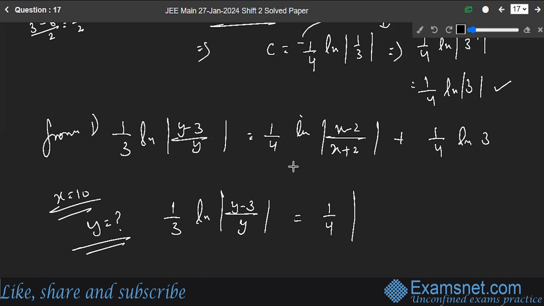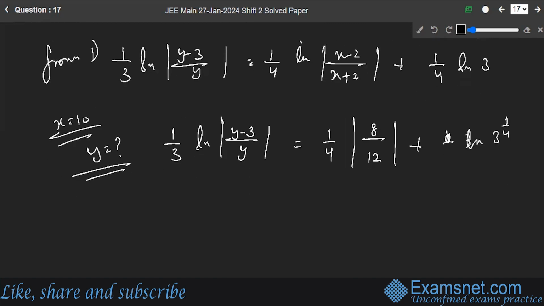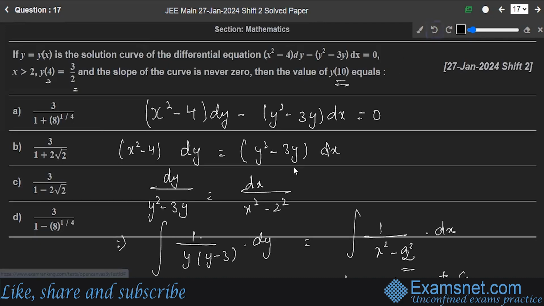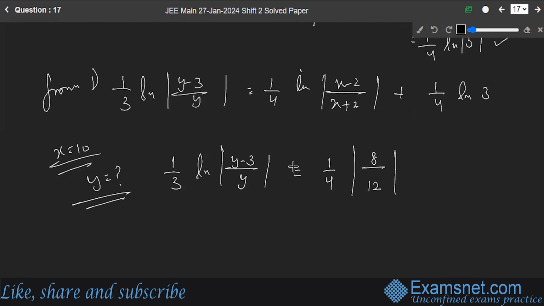Now, if I put x is equal to 10, this will be 8 upon 12 plus, this can be seen as 3, log 3 power 1 by 4. Let it be like this only for the time being. 1/2 plus this. So you have over here, this will be equal to 1/3 log this on this. I forgot to write down log.